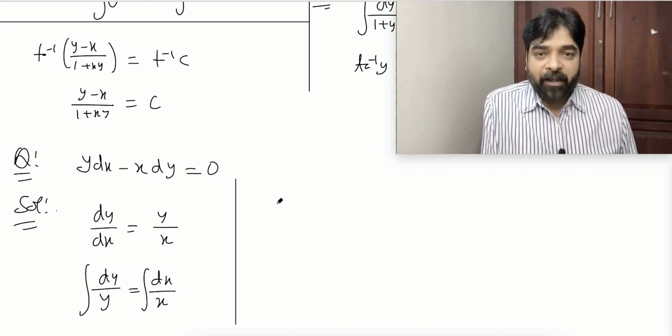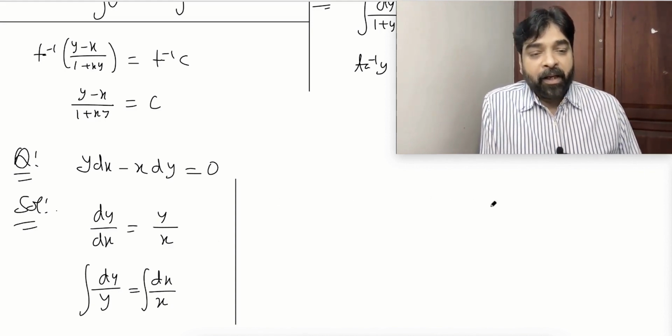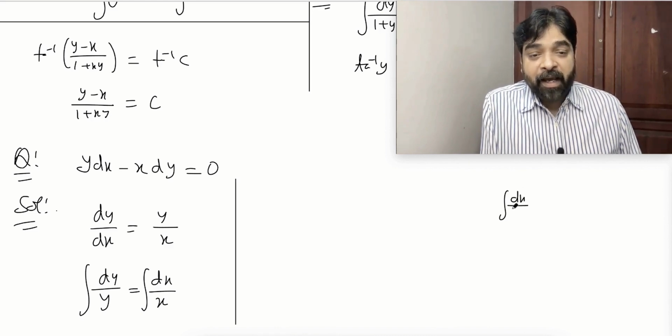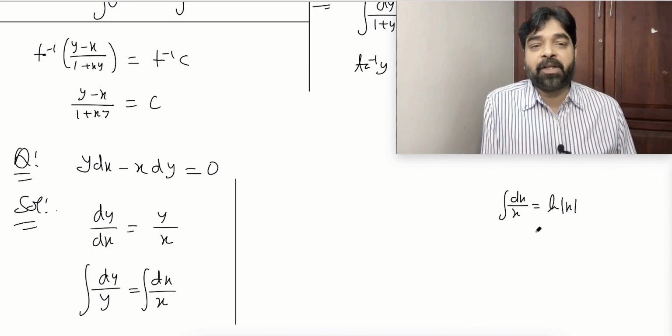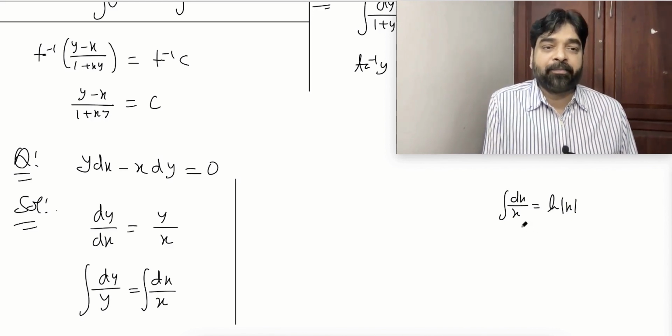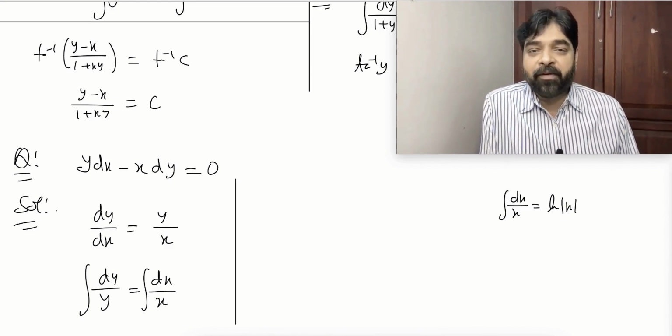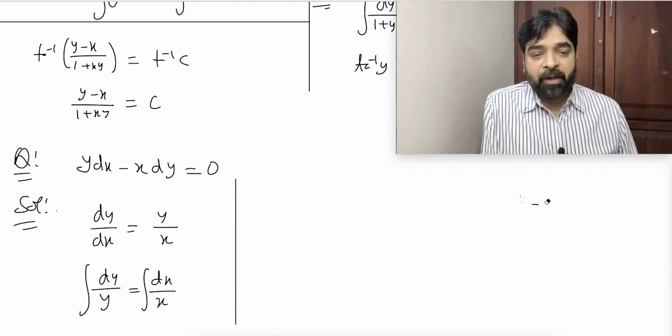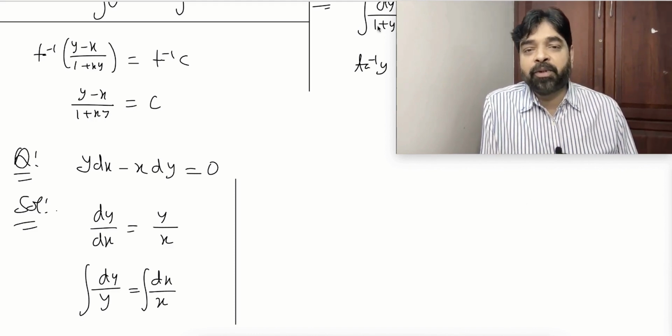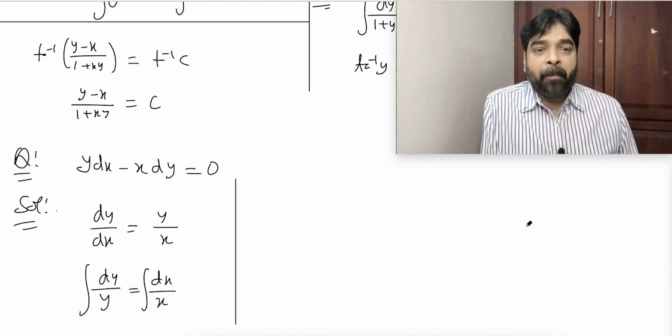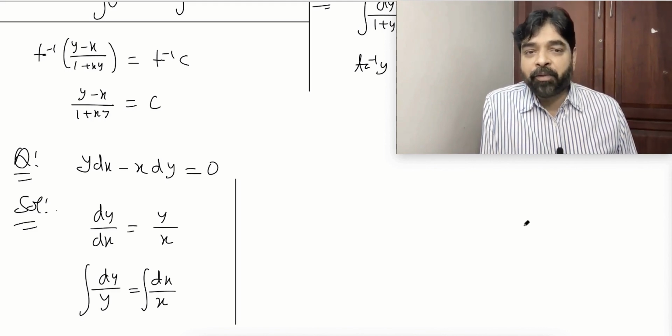Now listen to me carefully, everybody. Integration of dx by x actually is ln mod x. But in a whole differential equation you should not use mod. Why should we not use the mod?